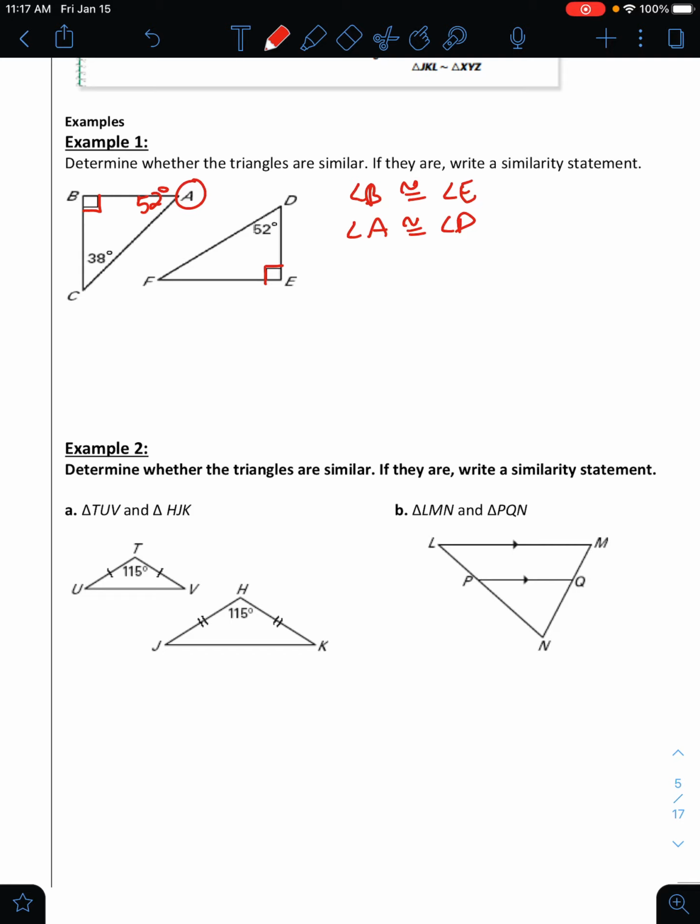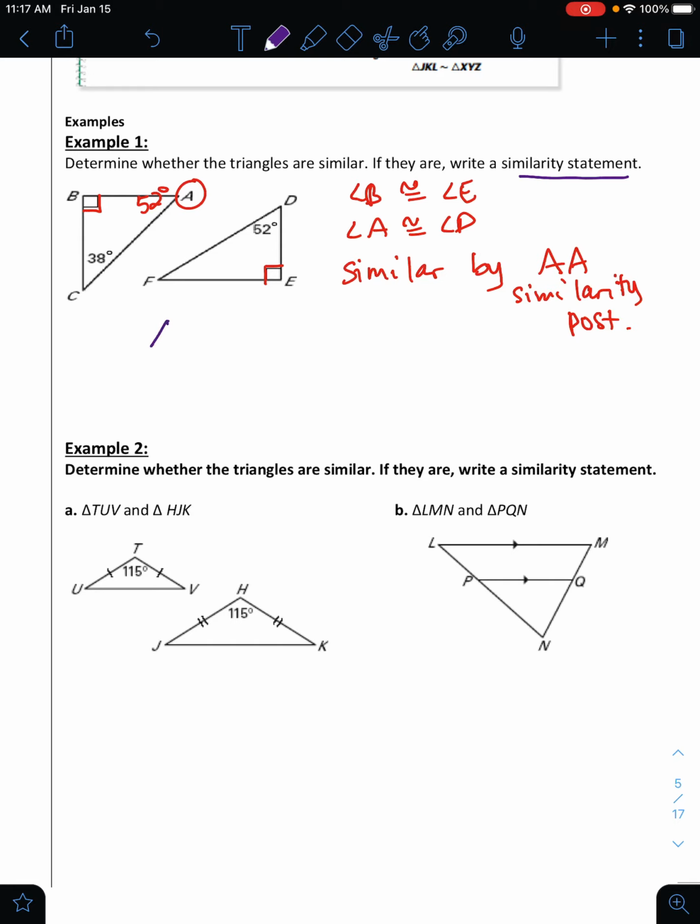So are the triangles similar? Yeah, they are similar by AA. I'll go ahead and write the whole thing out. AA similarity postulate. Okay, let's do a similarity statement. This is where we name the two triangles with the similarity symbol.